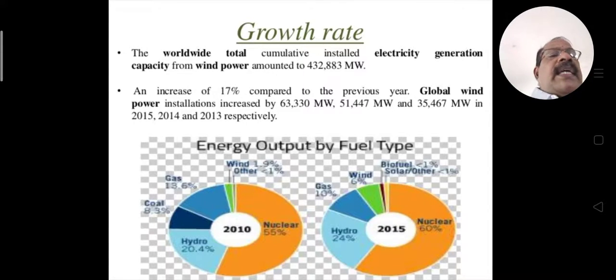In 2013, the wind power was 35,467 megawatts. In 2014, 51,447 megawatts, and in 2015 it increased to 63,330 megawatts. In 2020, it gradually increased and now it is nearly 80,000 megawatts.